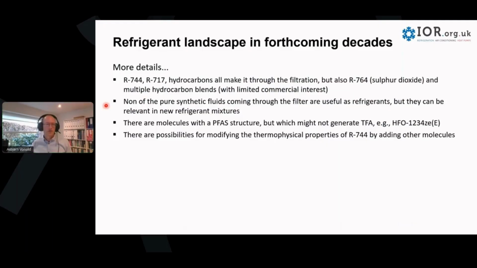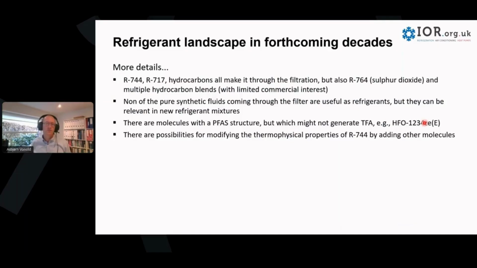Daniel already alluded to this, and I'll go a little bit more into details in a minute. There are molecules that have PFAS structures but don't generate TFA. So there is a group of molecules where you can say it depends actually on what the legislative framework ends up being, whether they will be useful or not useful.